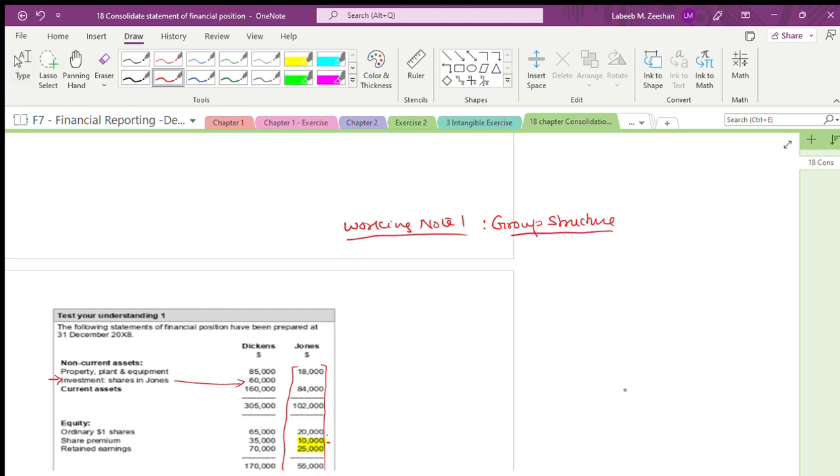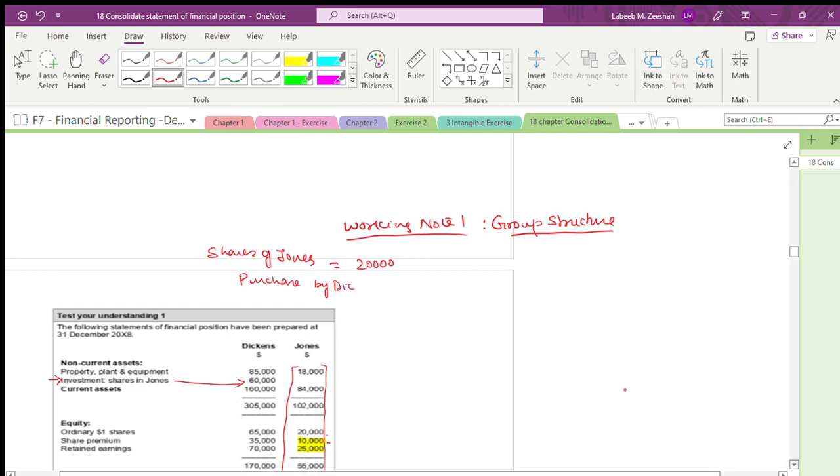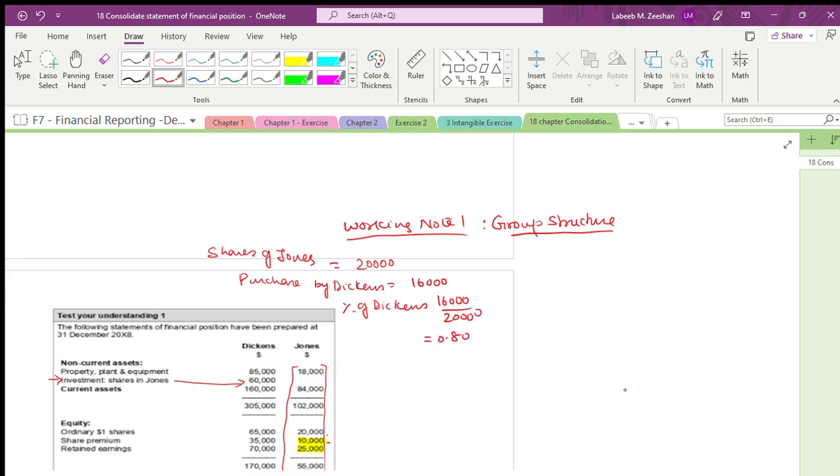How many shares are there? 20,000 shares of the subsidiary, Jones. How many have been purchased by Dickens? 16,000. Percentage of Dickens: 16,000 divided by 20,000 comes to 0.80, or 80%.